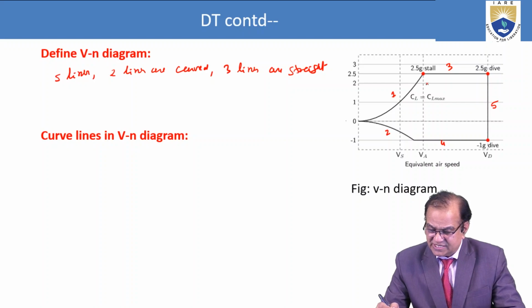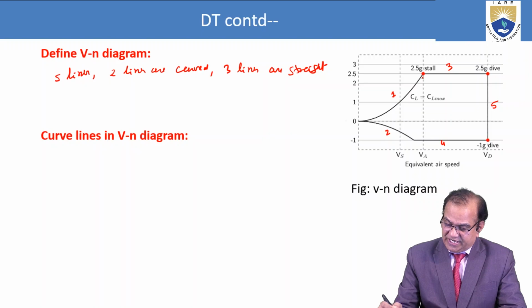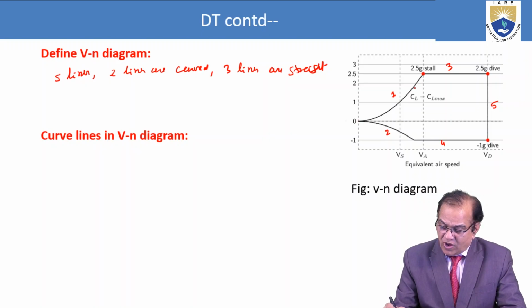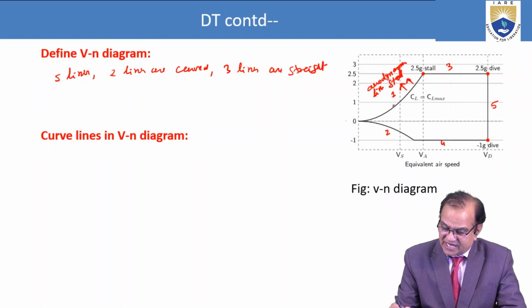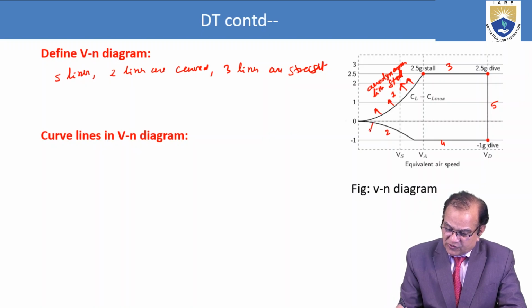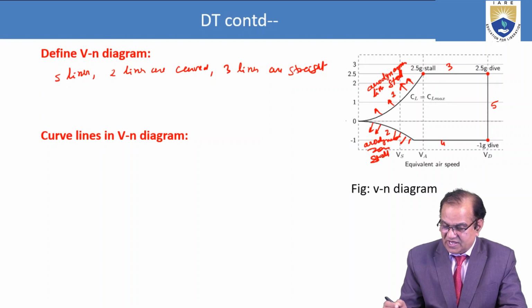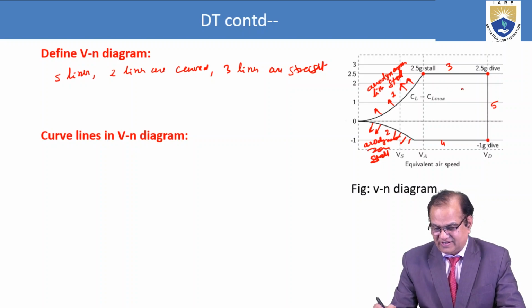This line is very important. From 0 to this one, it is an aerodynamic line, and this is the stall zone. If we are in this area, it is not safe. Here also is an aerodynamic zone where stall will happen. So you have to fly in between.